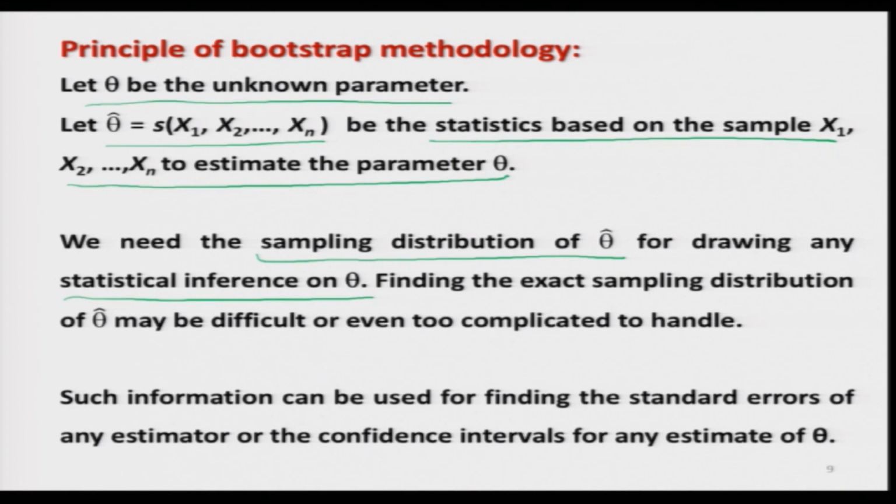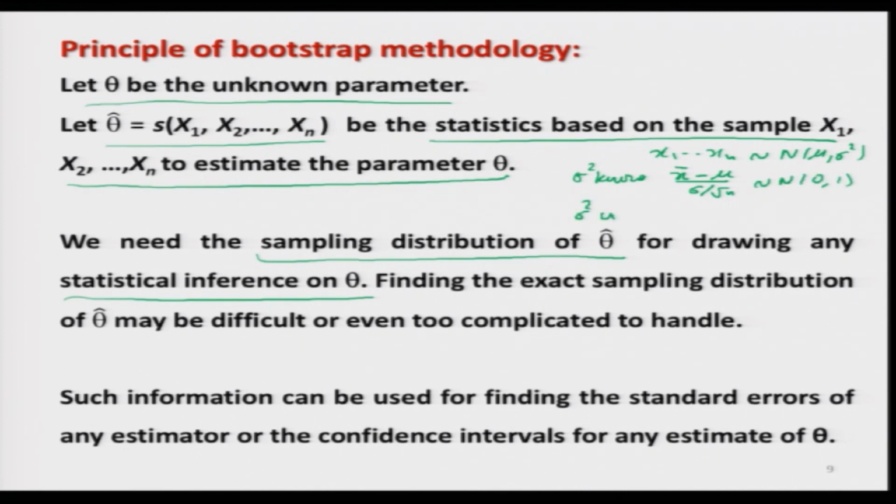What does this mean? For example, you know in statistics that if x1, x2, ..., xn follow a normal distribution with mu and sigma square, and if sigma square is known, then (x bar minus mu) divided by sigma by root n follows a normal distribution.